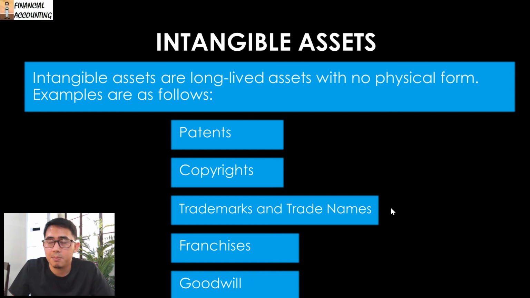Okay, so depending on the life, I'm not really sure of the life of the patent, I think it depends on the authority who grants the patent. Okay, so you divide that by the useful life and you record amortization expense each year.